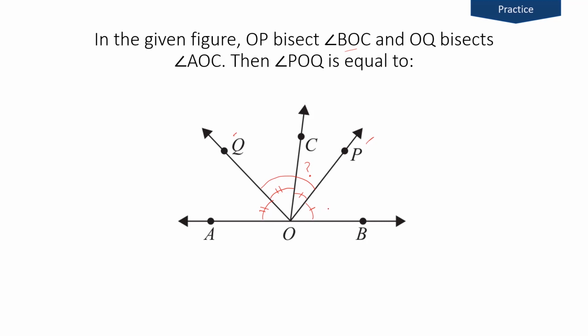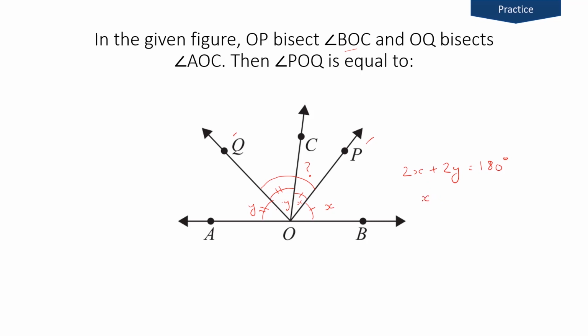Now let's say angle POC is x and angle AOQ is y. So this angle, COQ, is also y, and POC is also x. So 2x plus 2y is equal to 180 degrees because these are angles on the same side of a straight line.